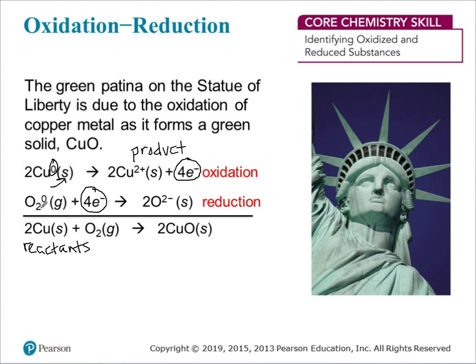Oxygen gas is a diatomic molecule, so there's always two oxygen atoms, and you see this zero charge, which means that it's a neutral molecule. To go from a neutral molecule to something negative, you have to gain electrons. To go from a neutral atom to something positive, you have to lose electrons.